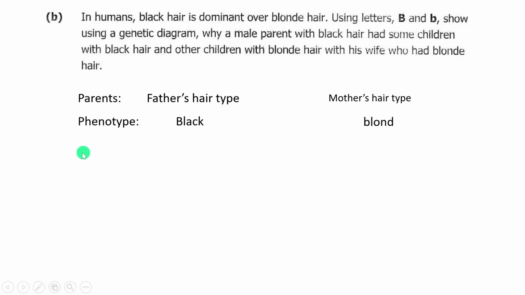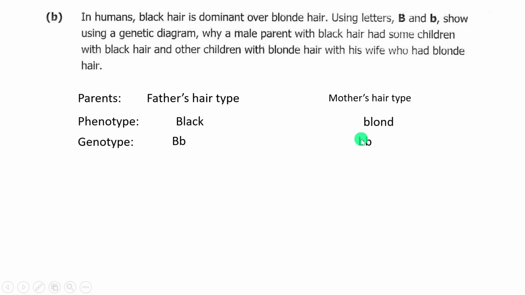Then the genotype, which is the genetic makeup: for the father to have other children with blonde hair, the father had the genotype of capital B and small letter b. While the mother, since she was blonde, was homozygous with bb here. The father was heterozygous.